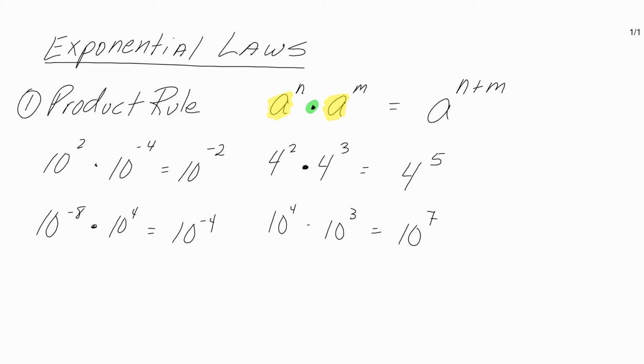And remember, for the product rule, the bases have to be the what? They have to be the same. So if you have x to the 4th times y to the 5th, you can't do anything to it, because the bases are not the same.